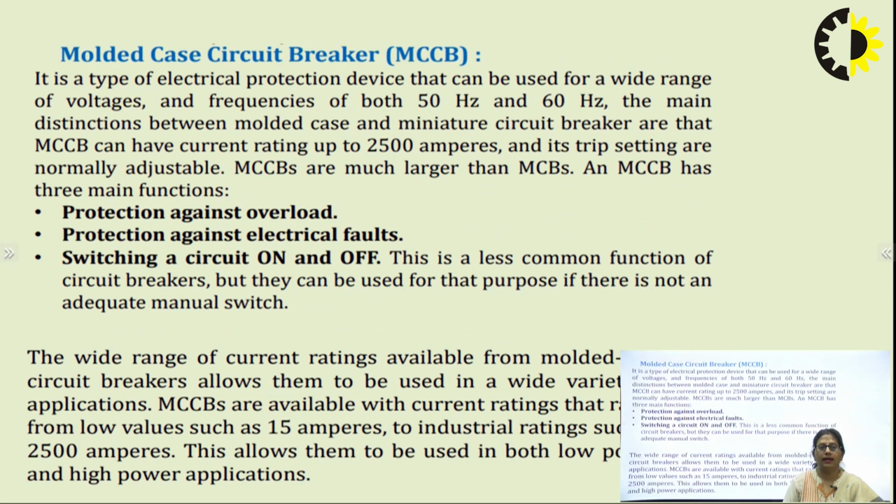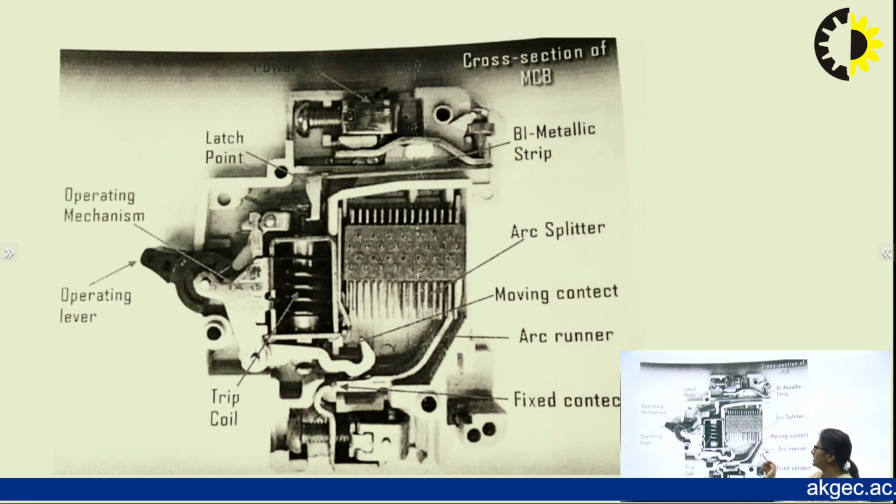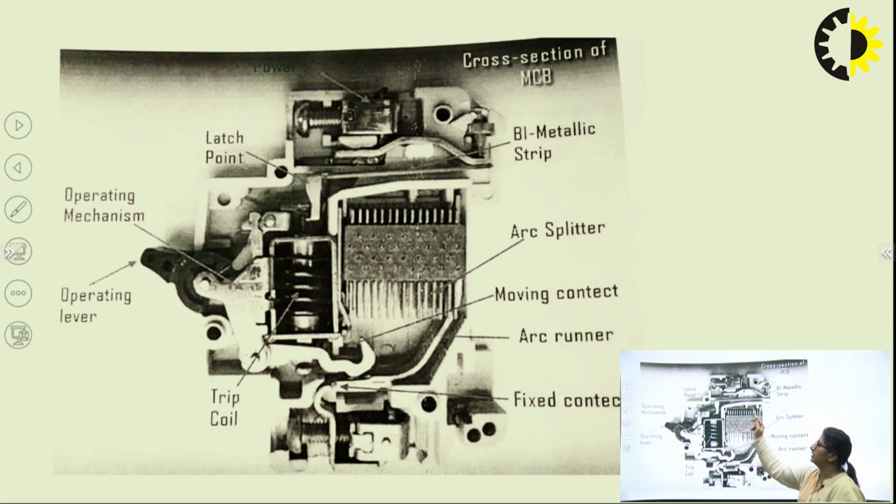How is that being tackled? Once the moving contact moves away from the fixed contact, because it is operating at very high currents and very high voltages, there will be an arc between the moving contact and the fixed contact. This is the arc quenching system we have.